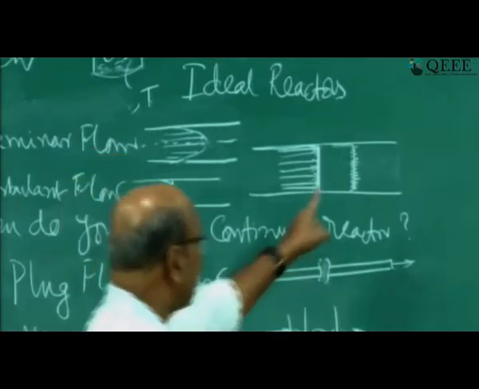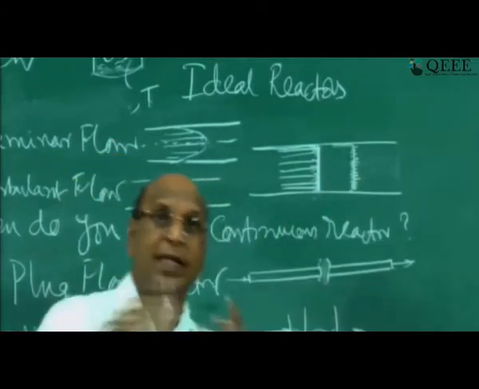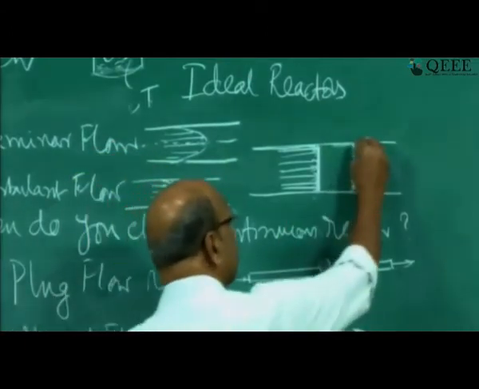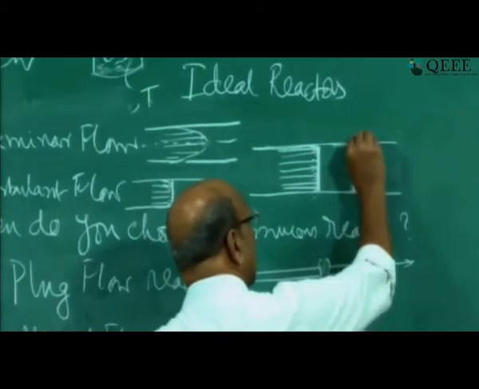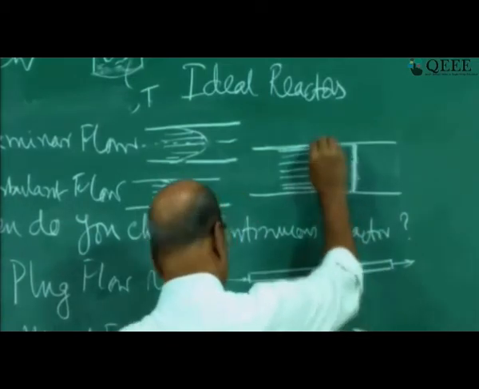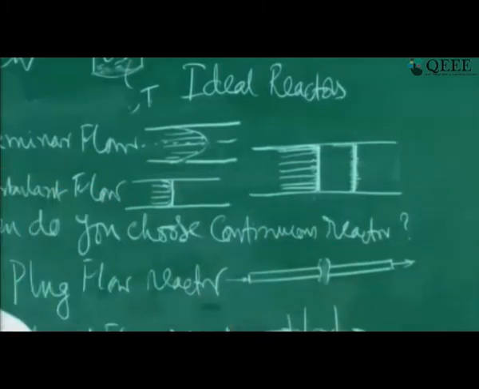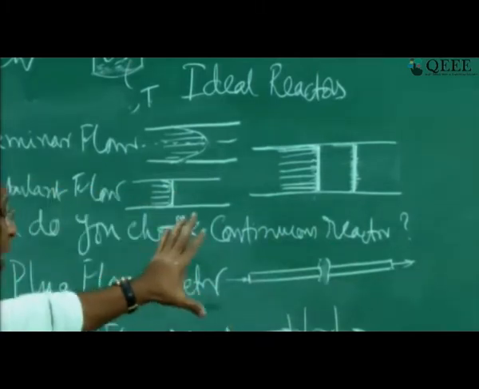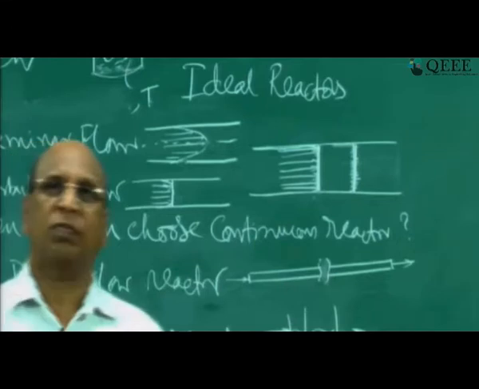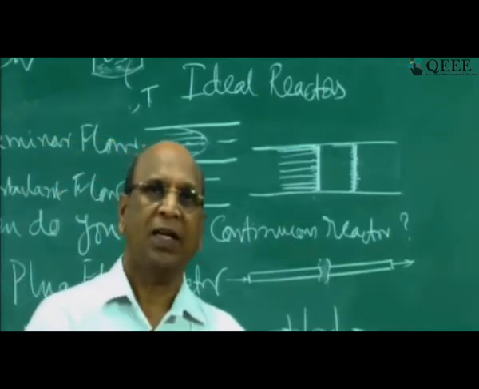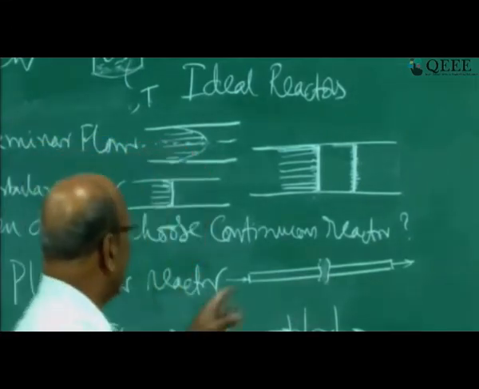But getting this information is very difficult for us for reactor design. So that is why we assume a flat velocity profile like that. That is the meaning of ideal plug flow, right? So this is the ideality we have here.